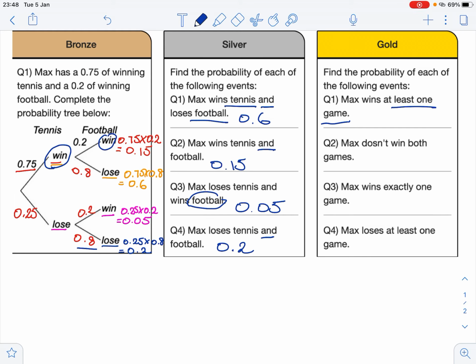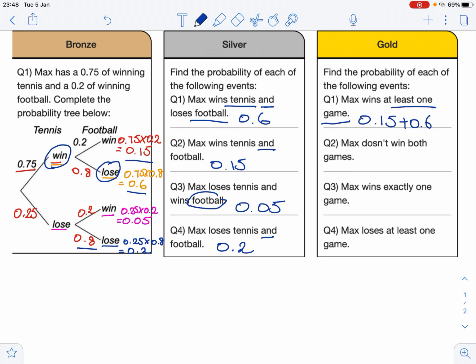So we have the probability of 0.15, plus. Max could win tennis and lose football. He's still winning 1 game, and the probability is 0.6.